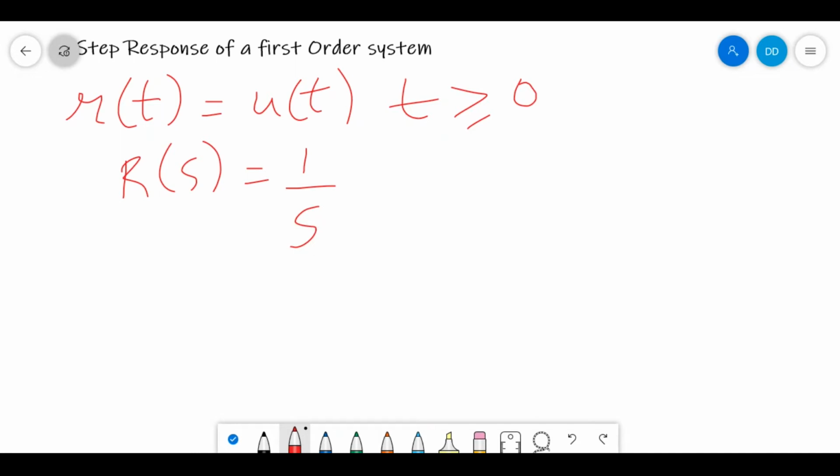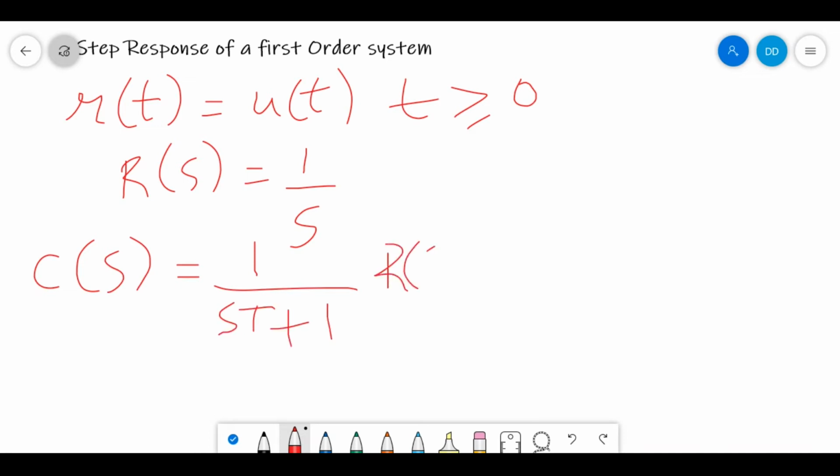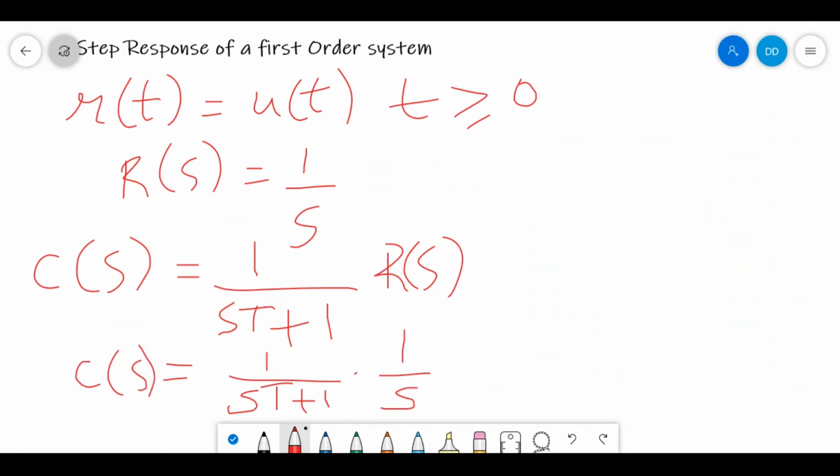So we have the first order system response C of s is equal to 1 by sT plus 1 into R of s. So we substitute the value of R of s, which is 1 by s, into it. Now we have to rearrange this so that we can find the inverse Laplace.